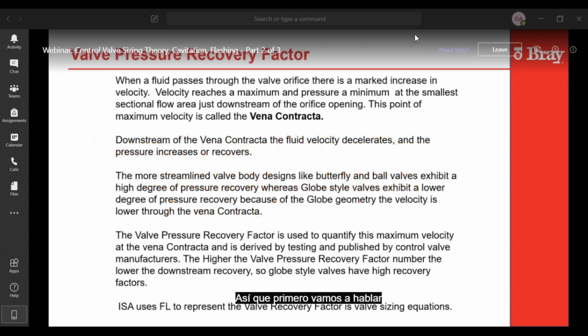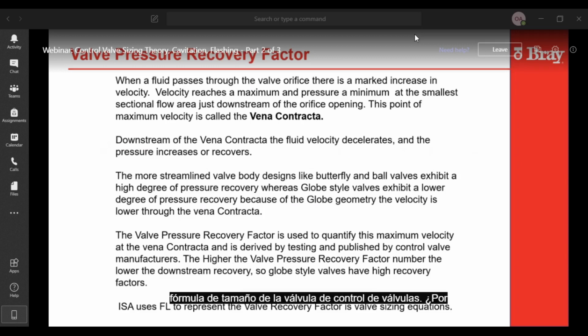So first, we're going to talk about the valve pressure recovery factor. It's one of those factors that show up on manufacturers' specification sheets or technical documents, and it's one of the most important parts in the control valve sizing formula. Why?